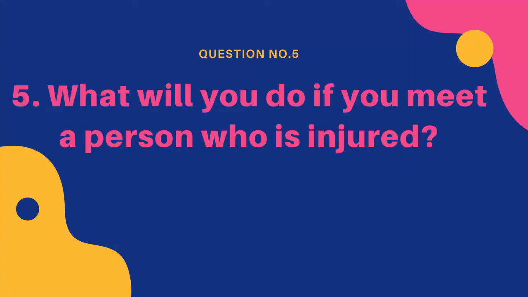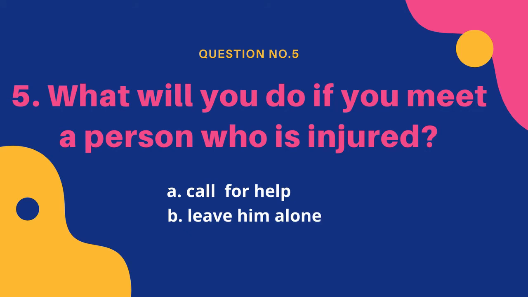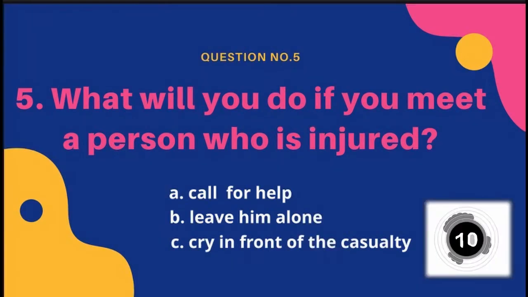Now for the final question. Question number 5. What will you do if you meet a person who is injured? A. Call for help. B. Leave him alone. And C. Cry in front of the casualty.